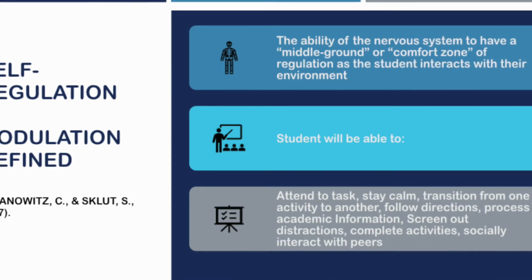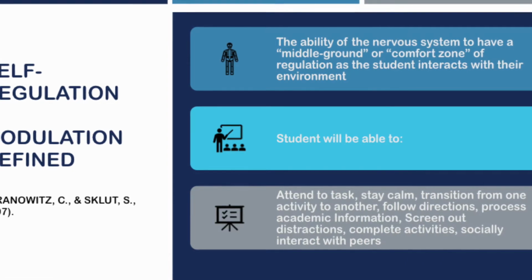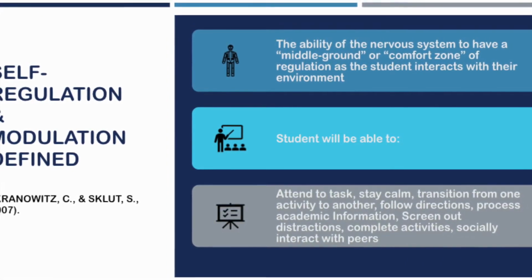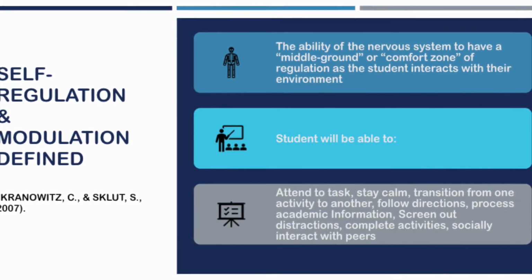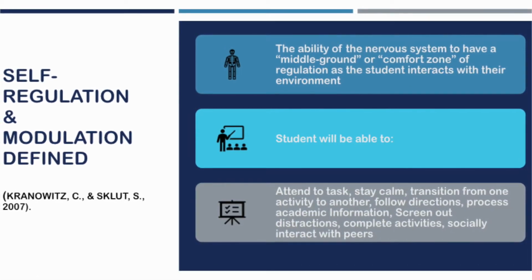According to Kranowitz and Schultz, self-regulation and modulation is defined as a child's ability of the nervous system to have a middle ground or comfort zone of regulation as the student interacts with the environment.